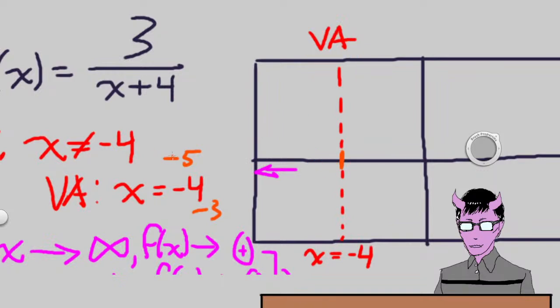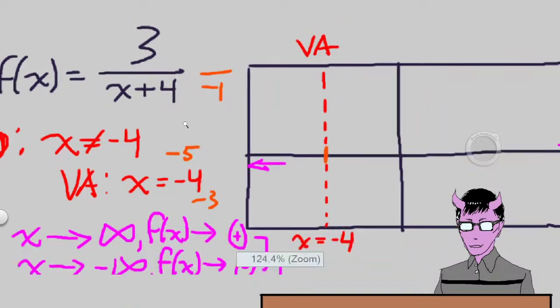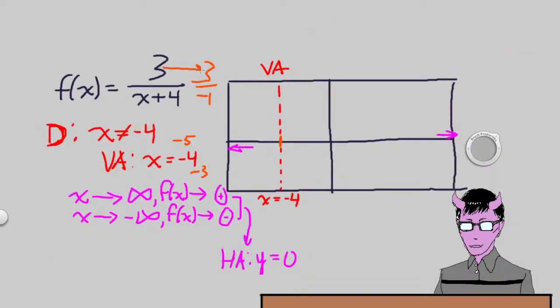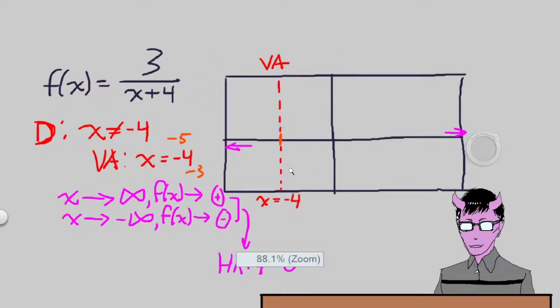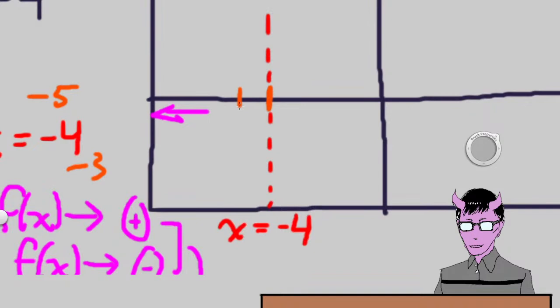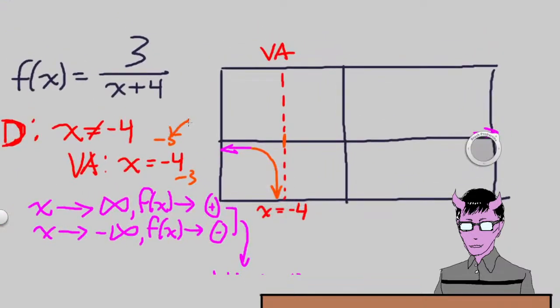What happens? Negative 5 plus 4 is negative 1. Is that a coincidence? No, it's not. So 3 divided by negative 1 is negative 3. So plugging in negative 5 will give us negative 3, which is what we predicted earlier. So that is done.